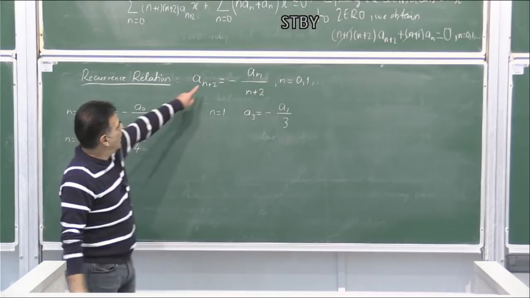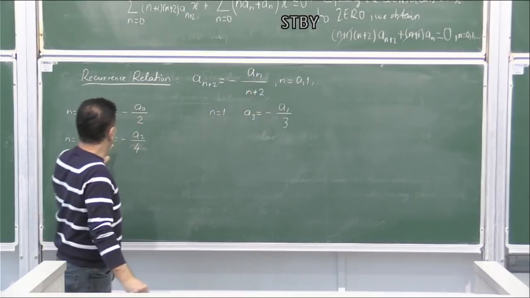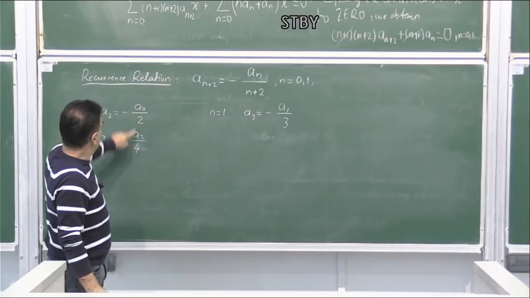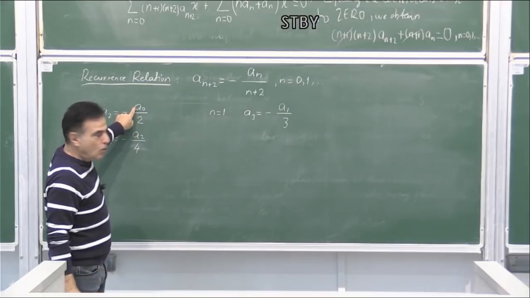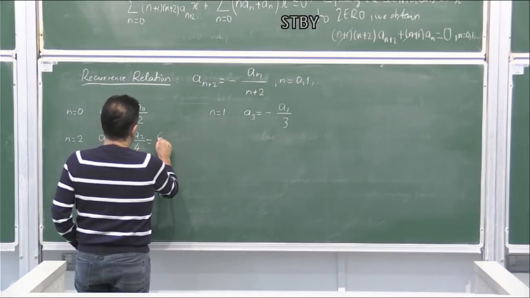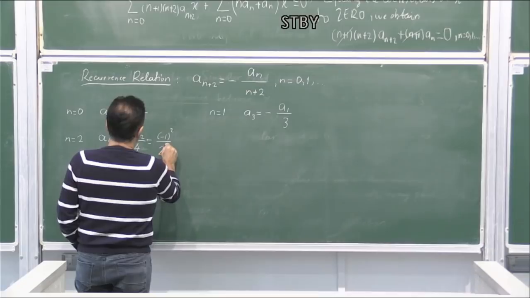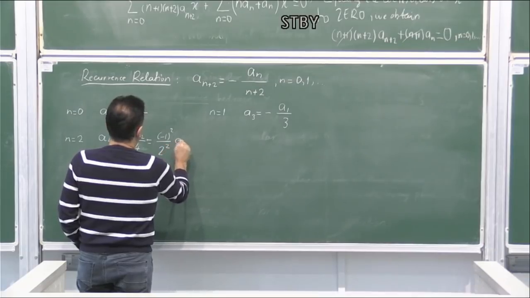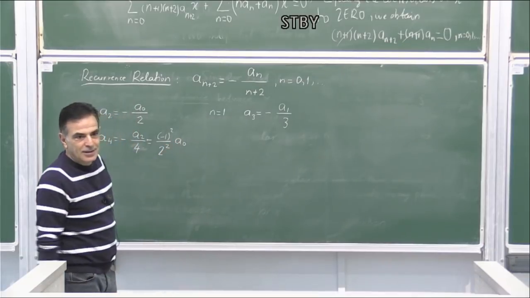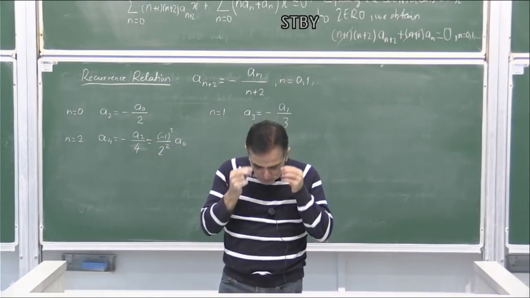Good. But a2 is known in terms of a0. So writing that, we get minus 1 squared over 2 squared a0. Good. It seems that the coefficient has that form.